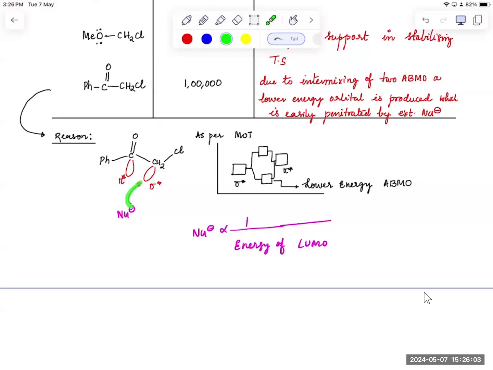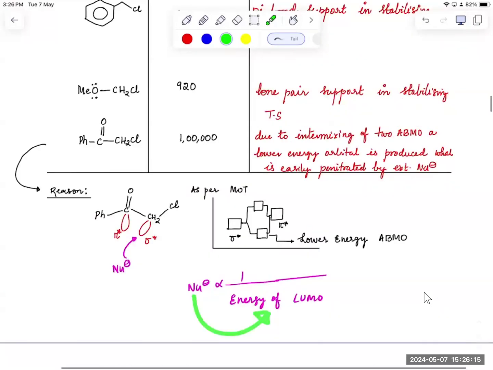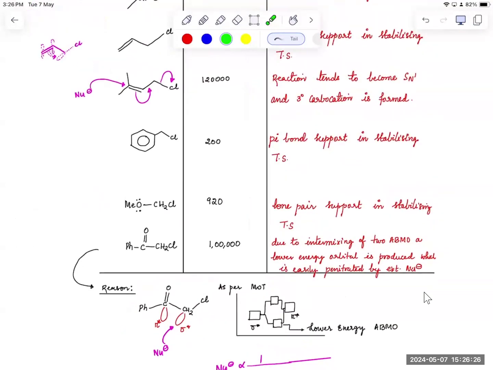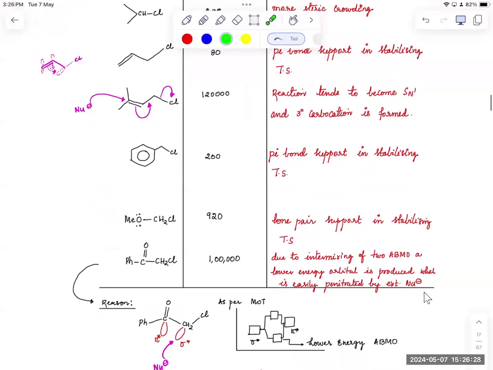So this nucleophile will attack because this pi star and sigma star together appear to be one new set of anti-bonding molecular orbital with lower energy. That's where the nucleophile will attack faster. So you can see, due to intermixing of two anti-bonding molecular orbitals, a lower energy orbital forms which is easily penetrable by the nucleophile. Okay. So guys, this is an exception.